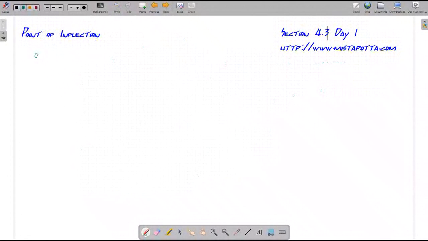So a point of inflection is a point where concavity changes sign.